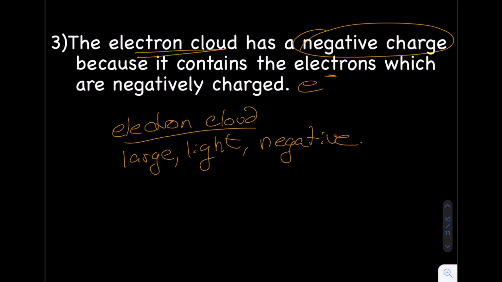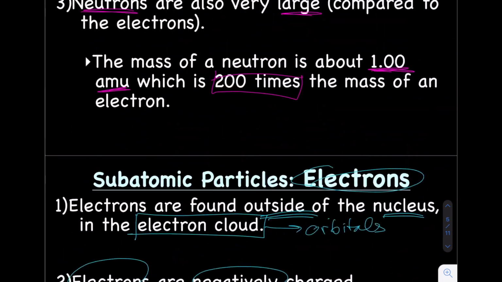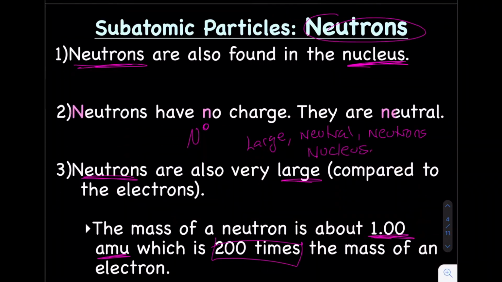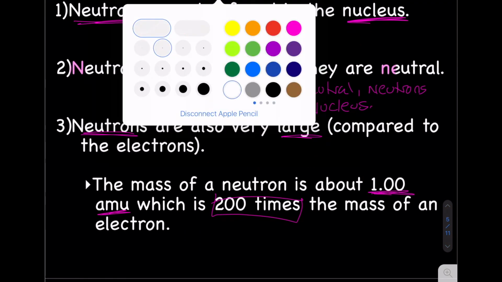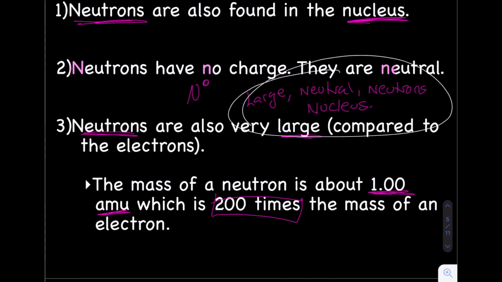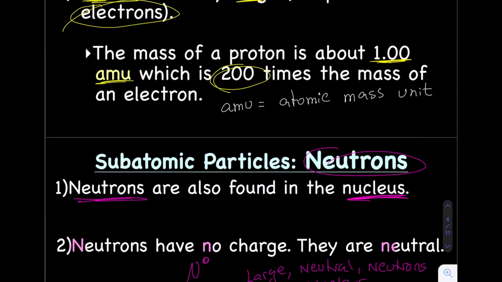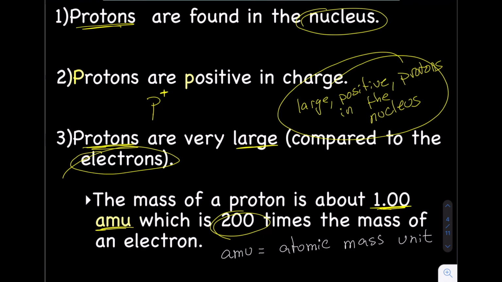All right. So, quick review. Let's go over what we've learned. See if you know it. Protons. What do we know about protons? Let's find our protons again. Protons are large. Those are neutrons. Miss Moore, let's try that again. Right there. Protons are large, positive, and in the nucleus.